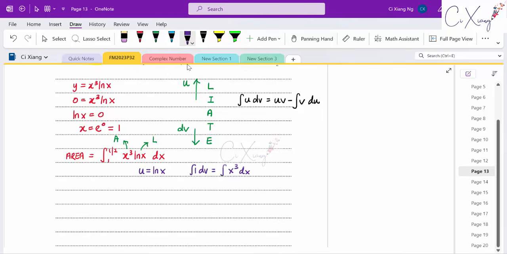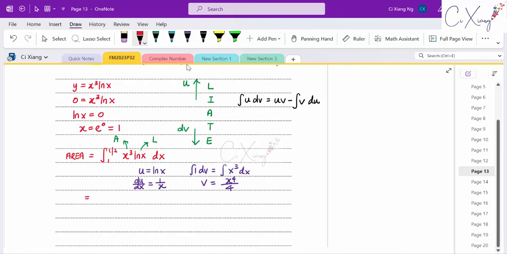So when u equals ln x, I want to find the differentiation, so I'm having du over dx equals 1 over x. How about integrate x power 3, I got v, which is x power 4 divided by 4. So these are some steps that we need to substitute into our formula later.